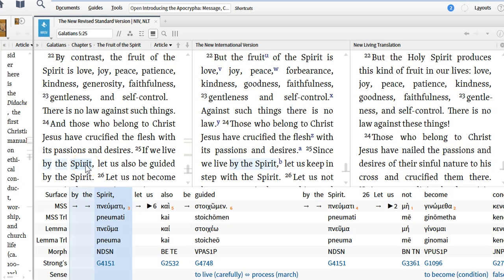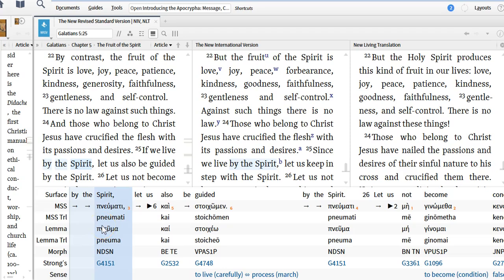So we'll be content. Oh yes, if we live by the Spirit, let us also be guided by the Spirit, in the NRSV. In both cases, just a dative, and by the is the way the NRSV, and as it happens, in the first instance, the NIV, represent the dative case of pneuma.